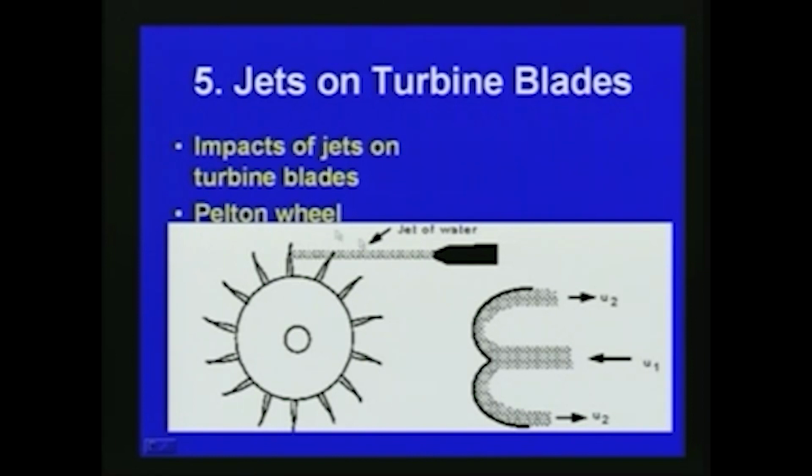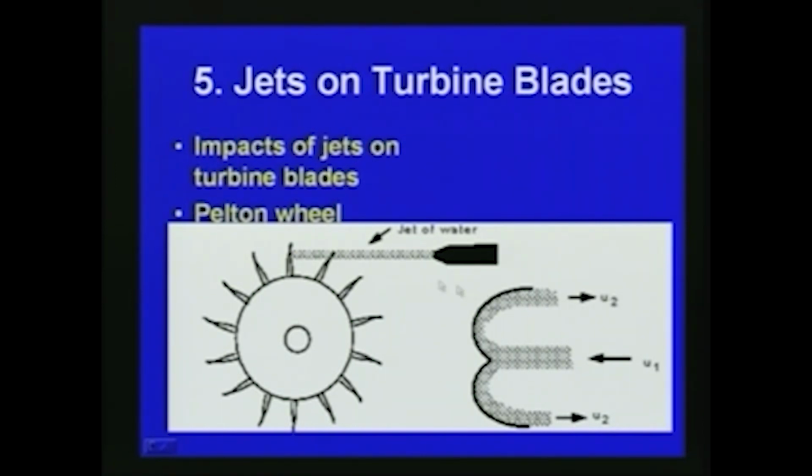The jet will be coming perpendicular to this like this, and then it hits the vane and is deflected with a velocity u2 in both directions, this way and the other way. So the jet of velocity u1 hits the vane and is deflected with a velocity u2 in both directions back like this.